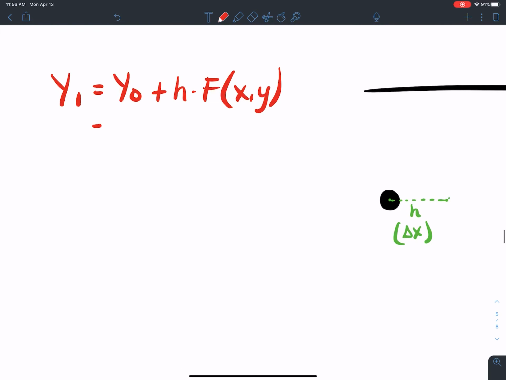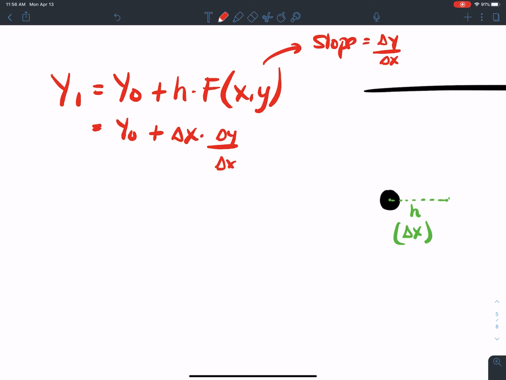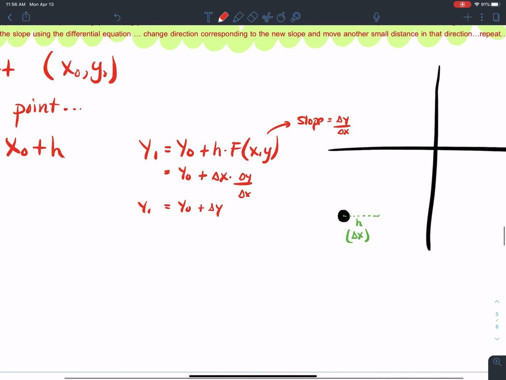Now, to see why this works, let's use a little change here. So we said h was really just some small change in x. And then we know that slope, just in general, we can interpret as the change in y over the change in x. So if I rewrite that, the change in y over the change in x, we can see how this would work out to our new y value. So this is always our general formula.